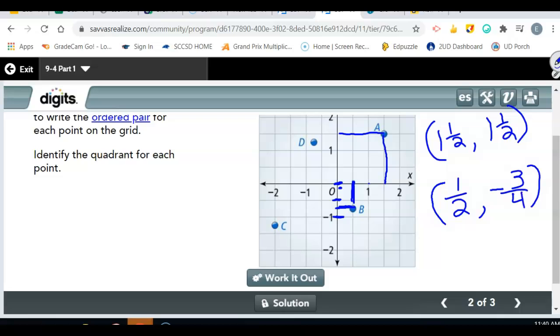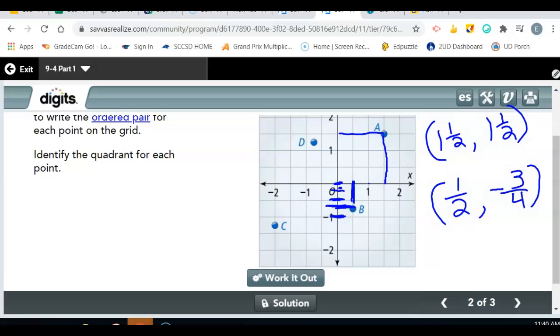Good job correcting that. There we go. You owe someone a quarter. You owe someone 50 cents. You owe someone 3/4. You owe someone $1. Questions? All right. Try C and D.